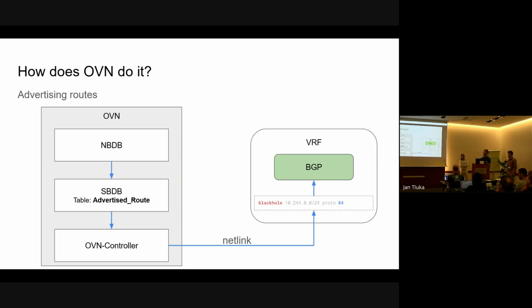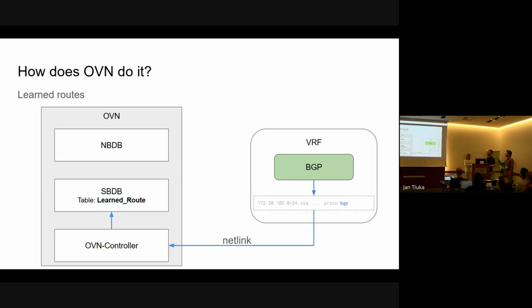The routes are going to be blackhole, and an important bit to note is that they will have the 84 protocol, and that protocol is the OVN route protocol. So there is a distinction for the OVN controller, and it uses it to filter out the routes it installed itself by looking at the protocol and setting it up when it installs the route. And then from there, the BGP daemon is configured to consume those routes that were installed by OVN and advertise them outside.